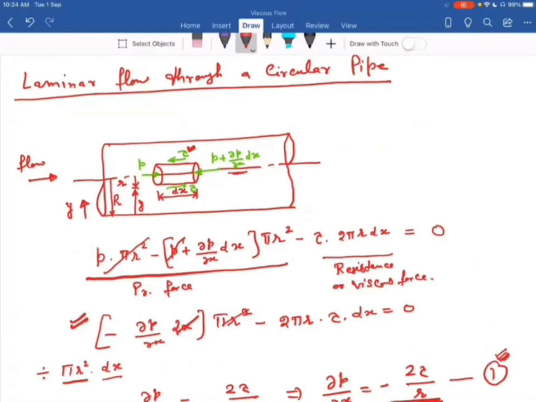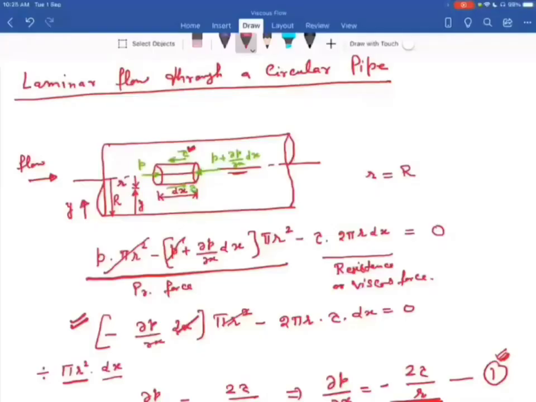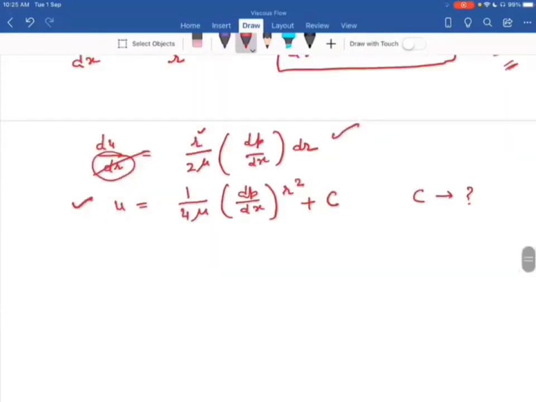So if r becomes equal to capital R, that is at the pipe wall, the velocity of flow is 0. The velocity of the layer which is just touching the pipe is 0. So r equal to capital R, u equal to 0. This boundary relation I use to find out constant C.